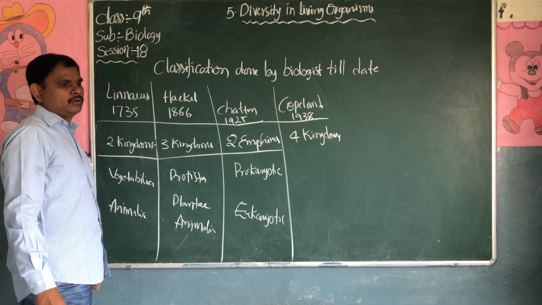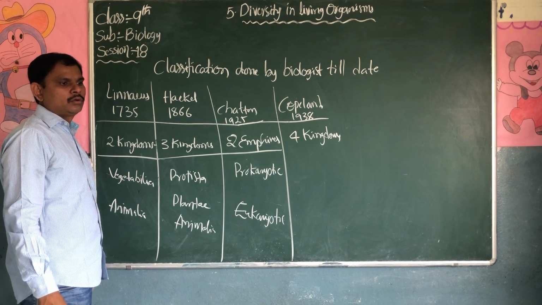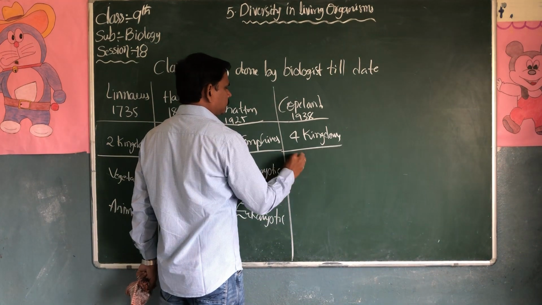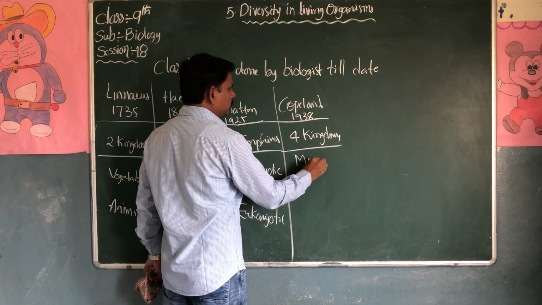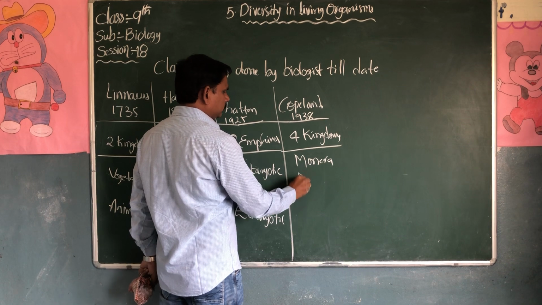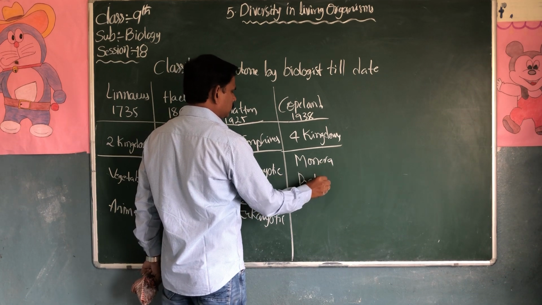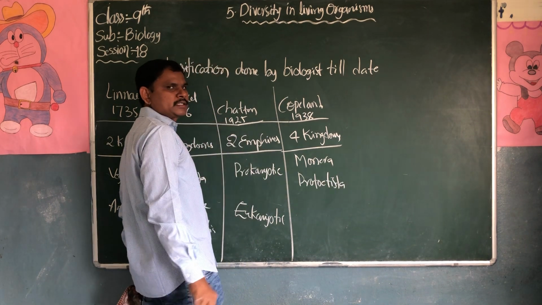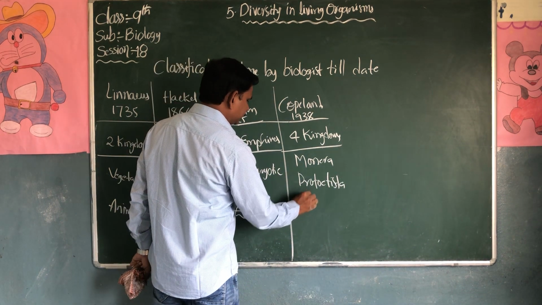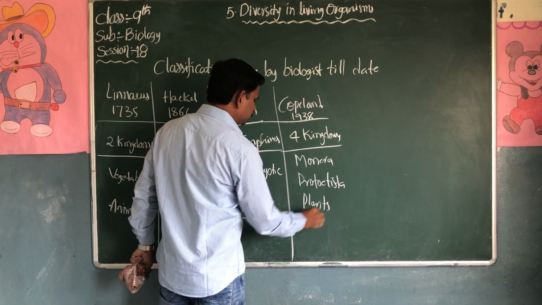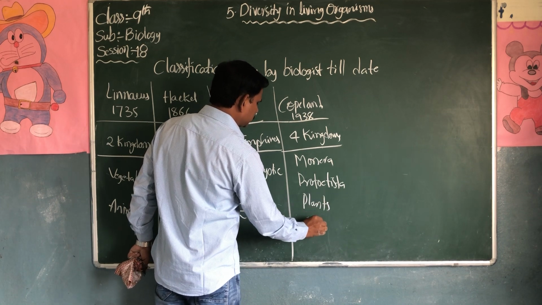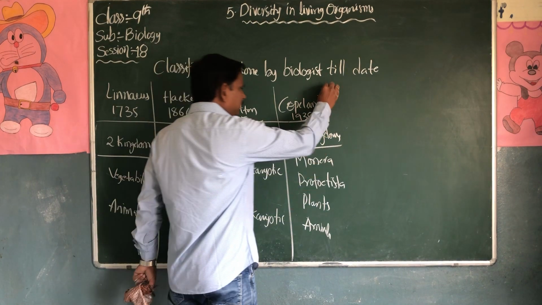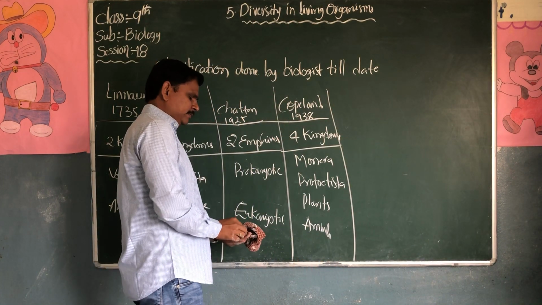One is Monera and Protista. Monera, Protista, plants and animals.